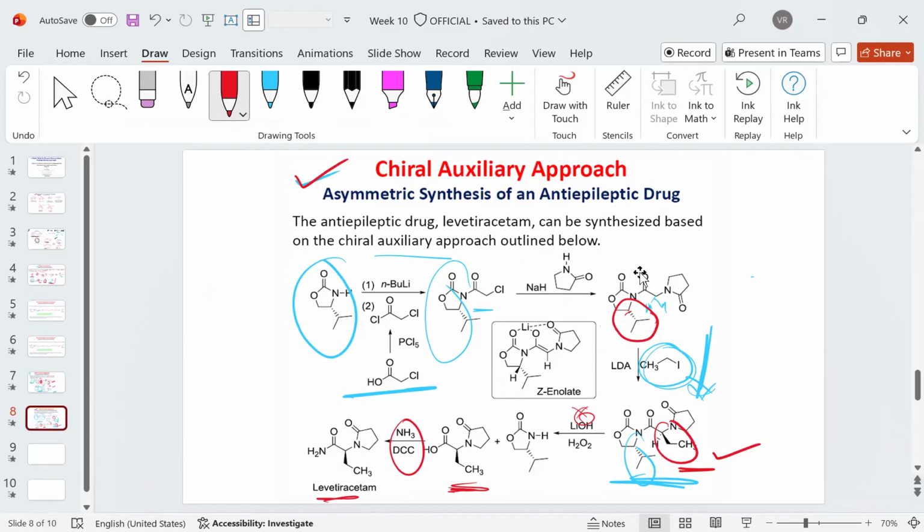Because now we are going to take some questions which involve this type of asymmetric synthesis.